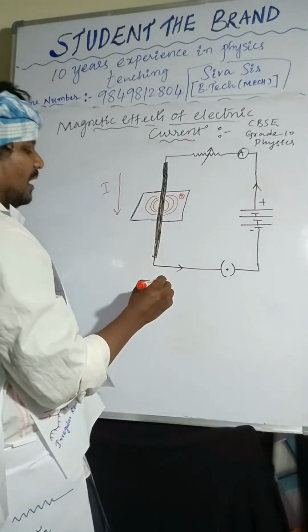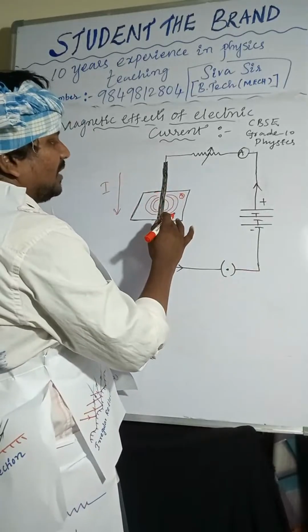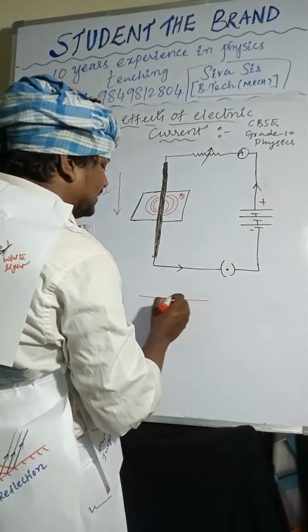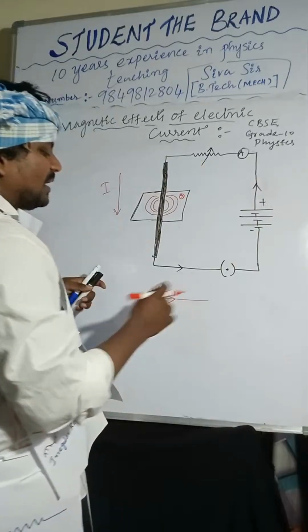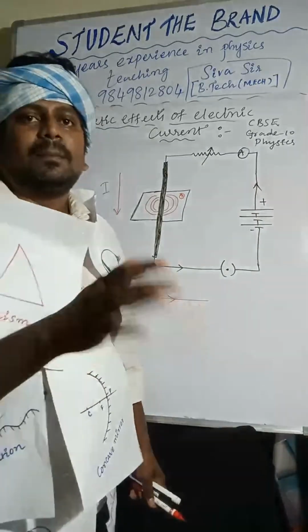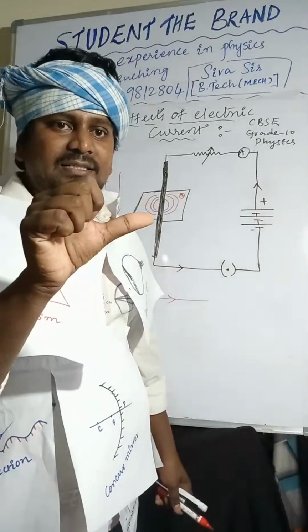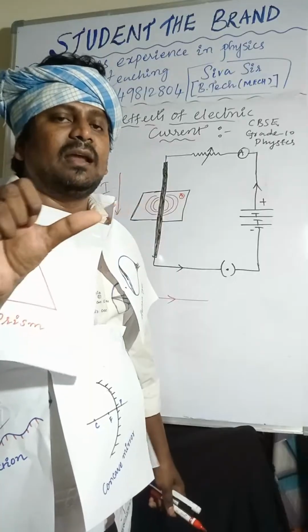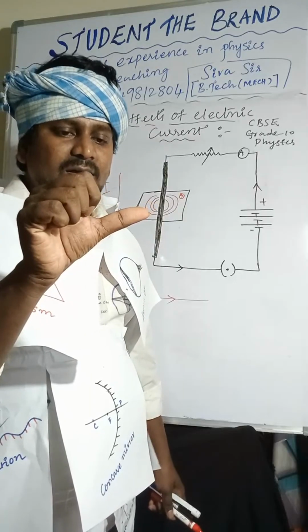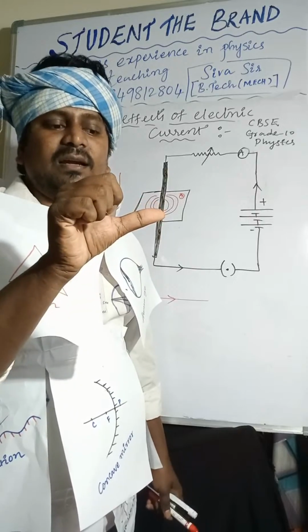So I will tell in which direction the magnetic field is there. If current is passing through a straight conductor, we use the right hand thumb rule. The thumb shows along the current direction.